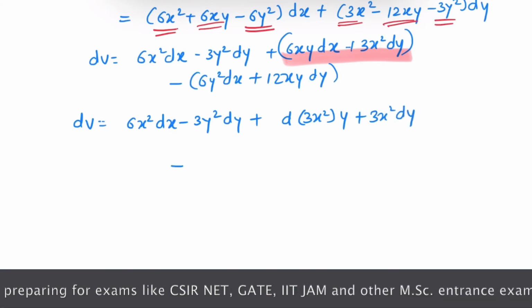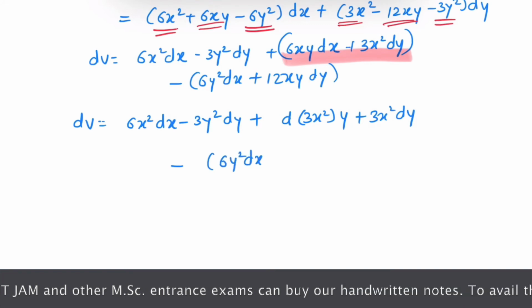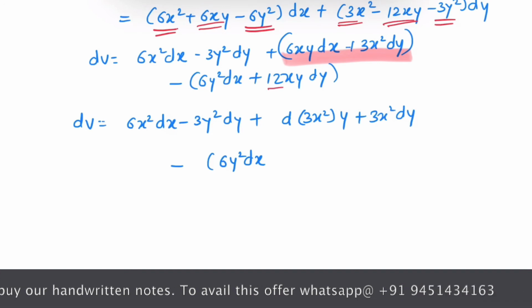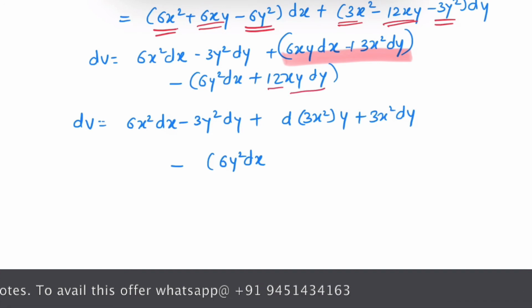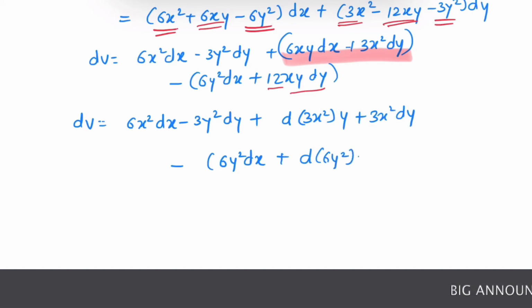Now minus we have 6y² dx and 12xy dy, and 12xy dy plus 6y² dx will be the differentiation of 6y² x.